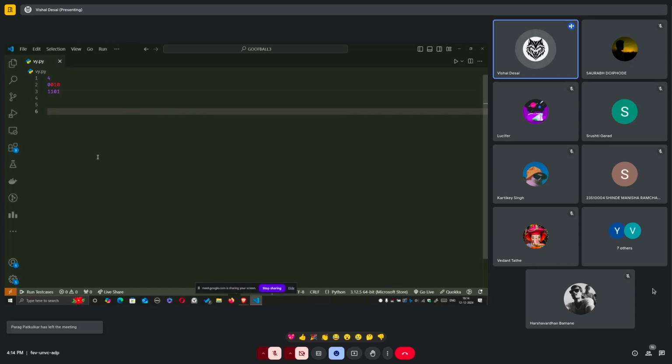How many changes are required here? For the first index, a change is required. For the second index, a change is required. For the third index, a change is required, and for the fourth index, a change is required, because the elements are different: it is 0, it is 1, we have to convert it. So a total of 4 changes are required, right? So this is an even count.